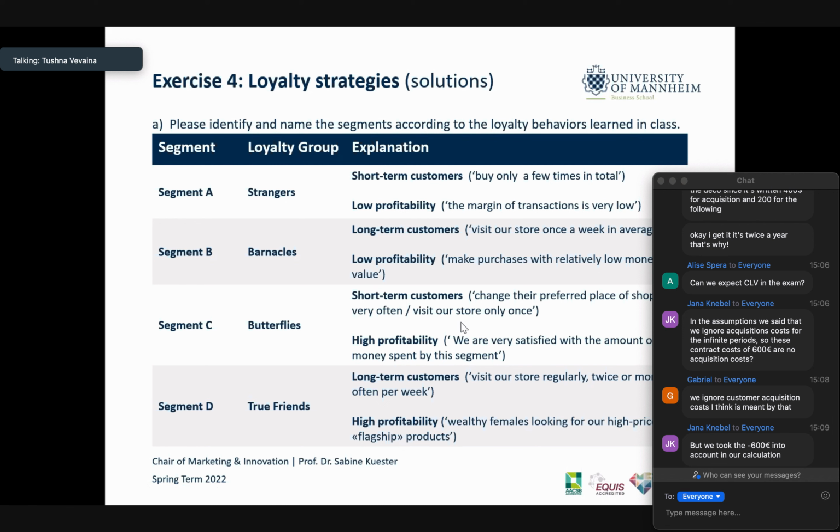You had butterflies where you said these are short-term customers and you can't really assess how loyal they are, but they were highly profitable. And then you had segment D, which were your true friends, the wealthy females who were looking for high price products and frequent in your mall very often. So that's how we segregated and matched each segment.